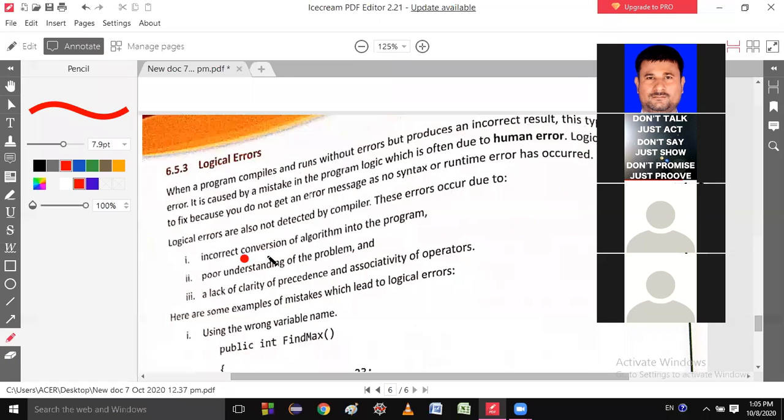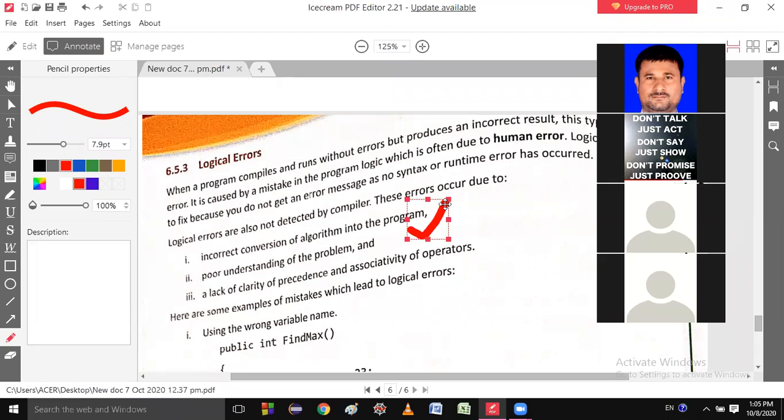Next one is incorrect conversion of algorithm into program. Algorithm means, suppose I want to make a cup of tea. The step by step procedure to write how to make tea is called an algorithm.